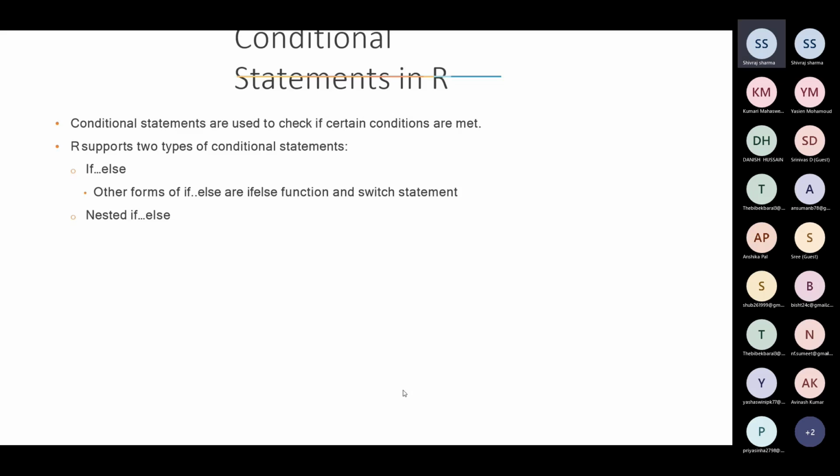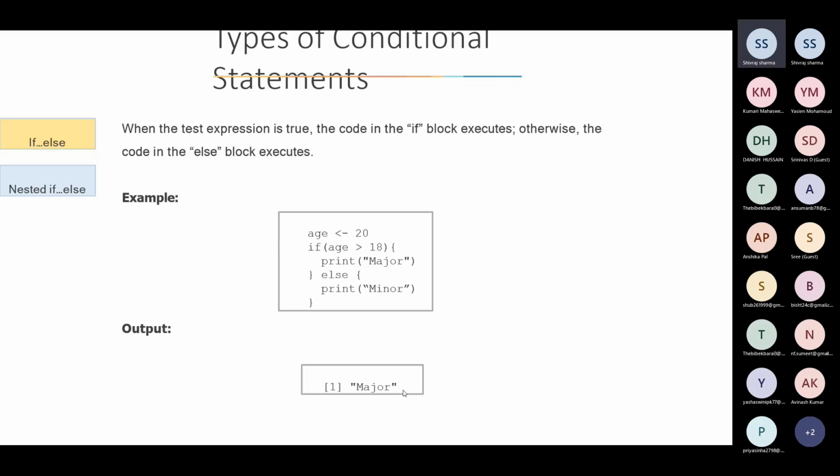So easy. By understanding just one type of conditional statement, you complete your R language basics. It means if else and nested if else. Okay, let's do this example in RStudio.